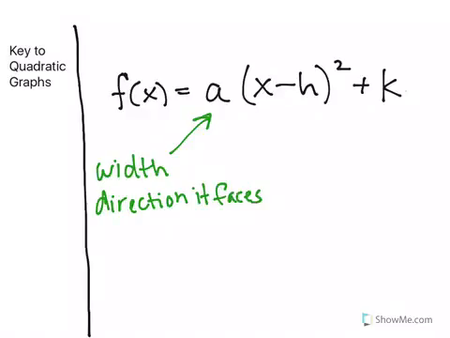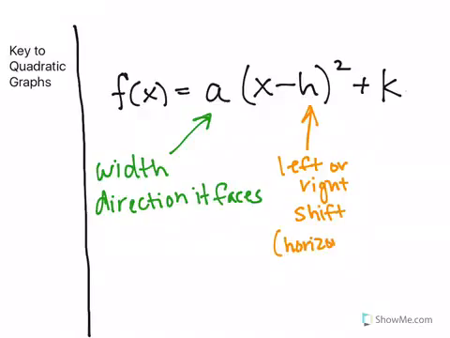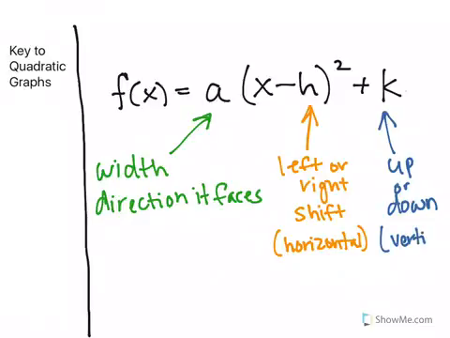And then we've got h, which determines a left or right shift, otherwise known as horizontal. And then we've got k, which determines up or down, otherwise known as vertical. So with this base equation, you should be able to graph any quadratic equation.